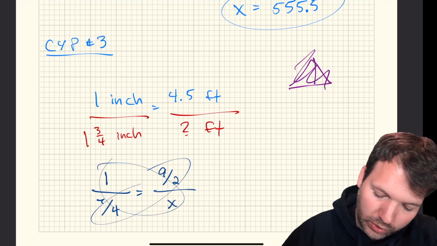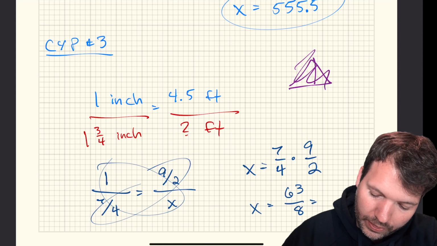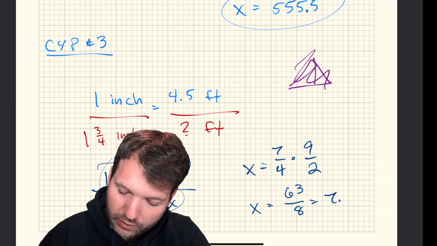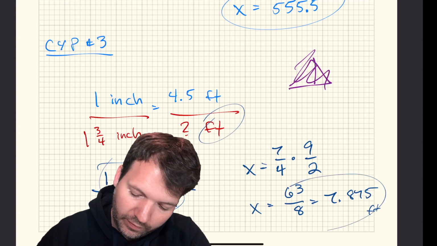We'll do our cross multiplication. x equals whatever 7/4 times 9/2 is, 63/8, 7.875. Don't forget your units, feet.